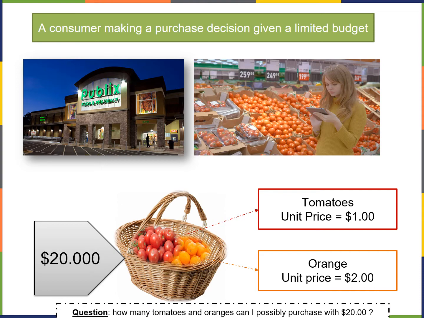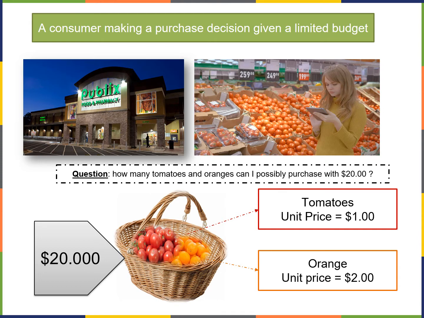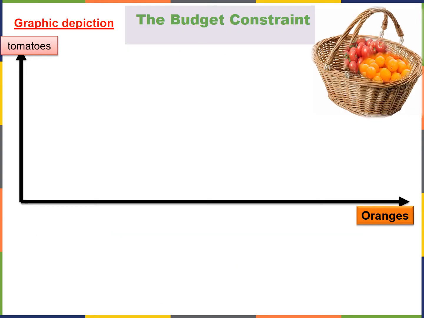Now, the question that you are trying to solve is how many tomatoes and oranges can I possibly purchase with $20? Let's try to visualize the process of that decision making. Say we begin with all purchases being tomatoes. As we add some oranges, we lose some tomatoes because we only have $20.